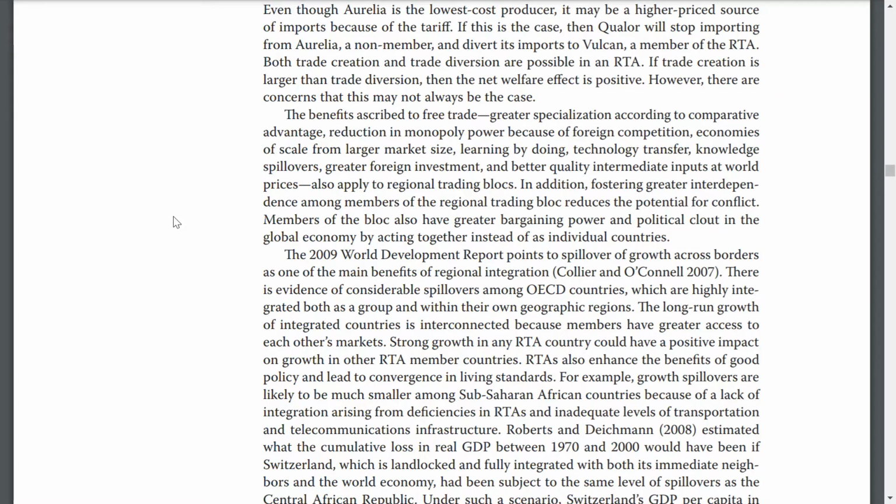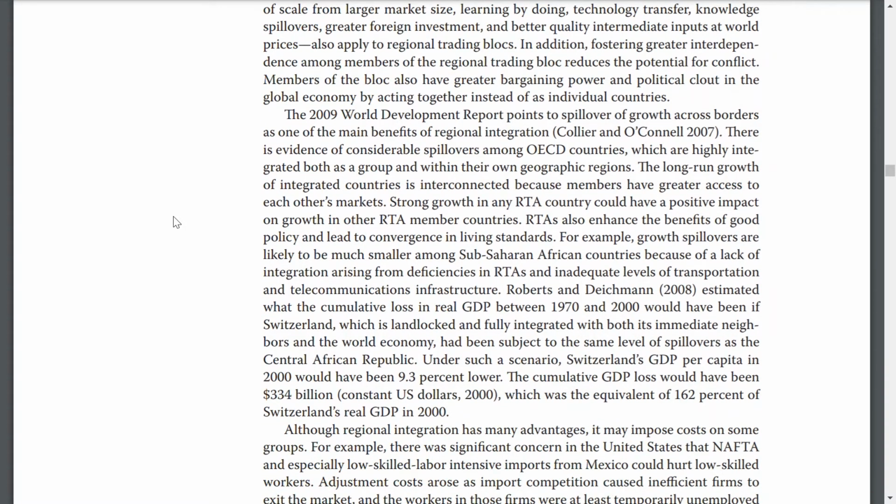There is evidence of corresponding spillover among OECD countries, which are highly integrated both as a group and within their own geographic regions. The long-run growth of integrated countries is interconnected because members have greater access to each other's markets.